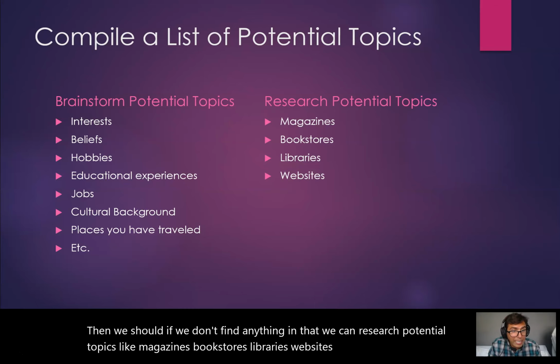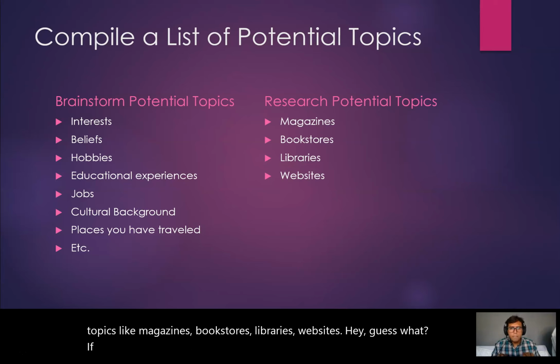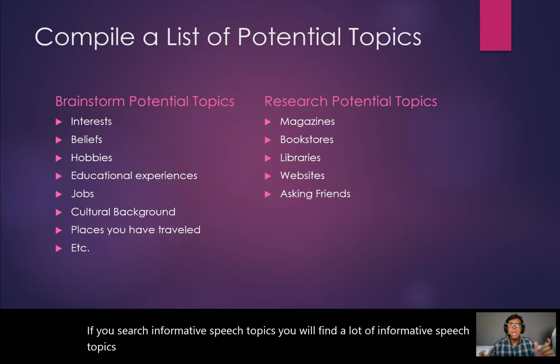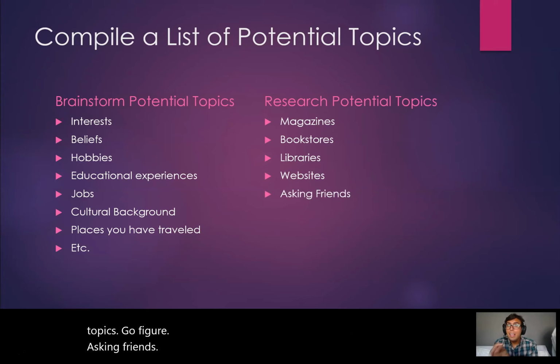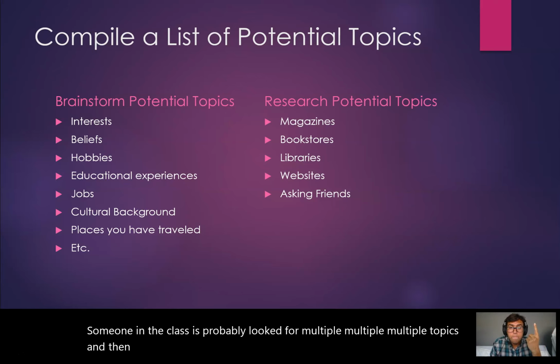Hey, guess what? If you search informative speech topics, you will find a lot of informative speech topics. Go figure. Asking friends. Guess what? Someone in the class has probably looked for multiple topics and then selected one.